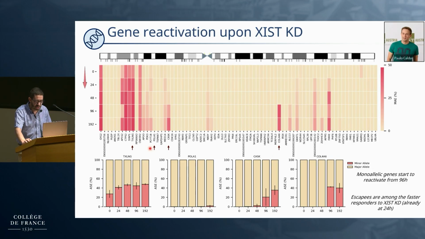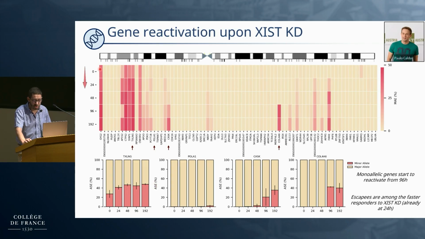I show again this TXLNG gene, so it's an escapee gene. And what we observed was that it very fast moves from a biased biallelic expression to a balanced biallelic expression. And this can be seen already at 24 hours.